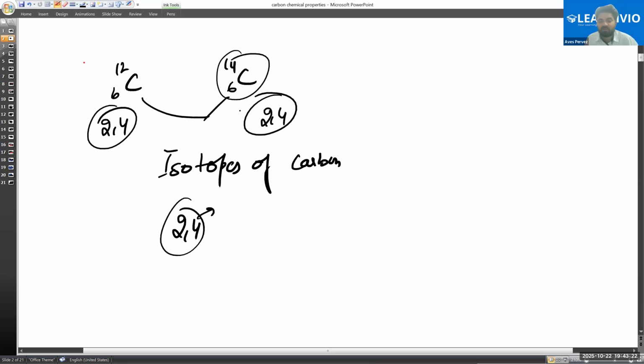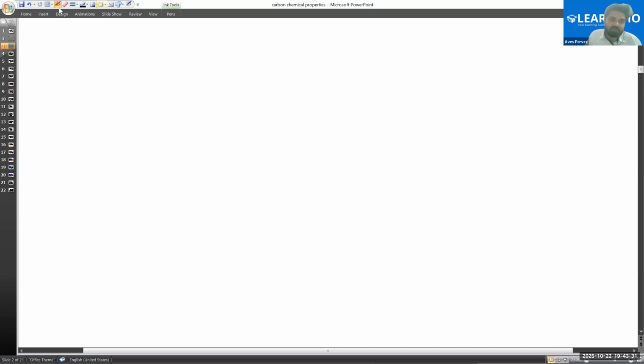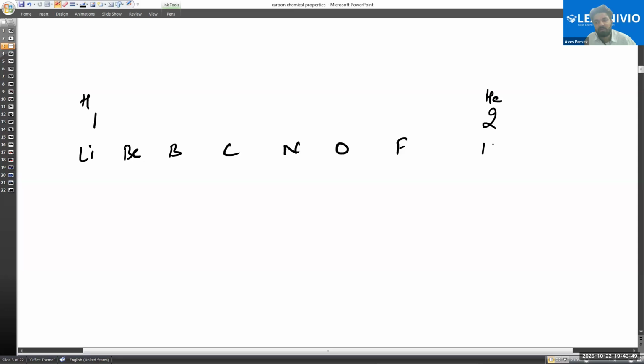Now coming to the point, why are we especially studying this carbon compound chapter? Why not the other types of elements? If we do the electronic configuration of the first 20 elements, we see hydrogen, helium, then lithium, beryllium, boron, carbon, nitrogen, oxygen, fluorine, and neon.